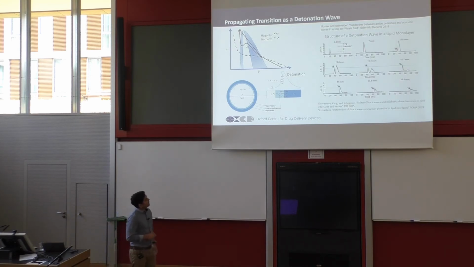So this is an experiment we did in 2015, and that motivated me to start reading about detonation, because I wanted to find an answer for what I see here, but it was not very clear at that point. What you see here is how the pulses in the lipid monolayer that you saw earlier behave as they propagate along the distance.